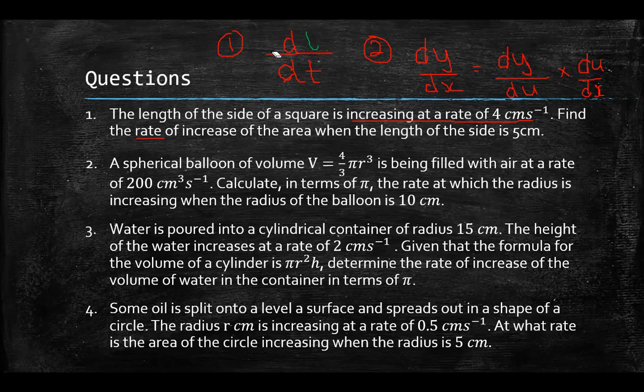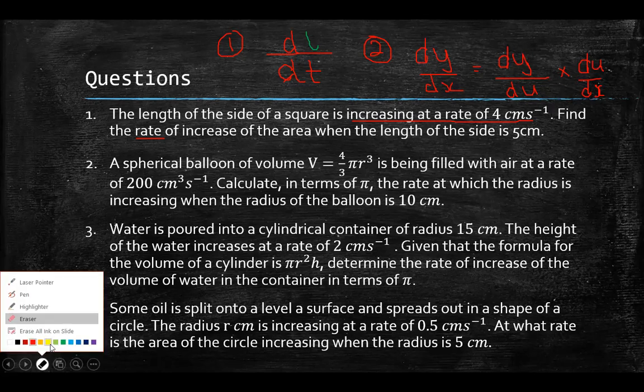So the first thing for rates questions, whenever you see rates or whatever, you know it's over dt because rate means with respect to time. The second thing you want to note is applying the chain rule here, right? So you're always going to apply this. dy on dx is equal to dy on du times du on dx.